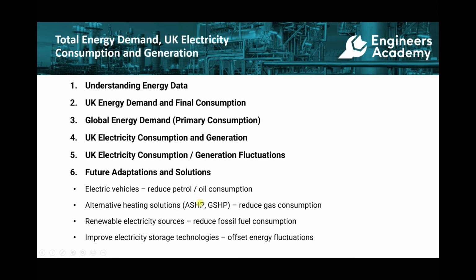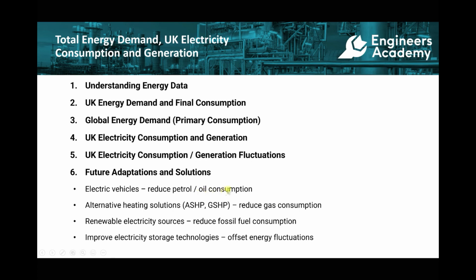We're also going to see an increase in the uptake of air source and ground source heat pumps. Now, air source and ground source heat pumps can be used by businesses or also by domestic premises to meet their heating requirements and also their hot water requirements. Again, the benefit to this is that we would see a reduction in the amount of gas that we're consuming as a nation.